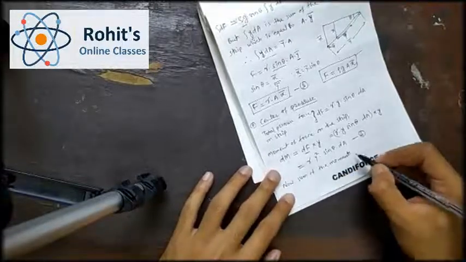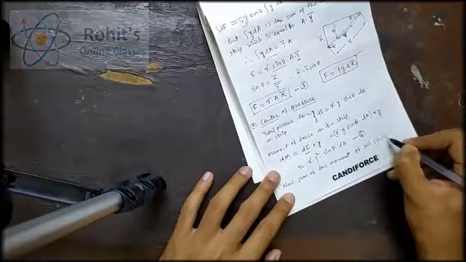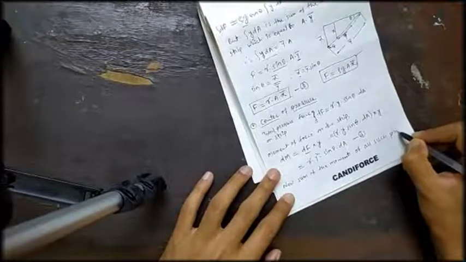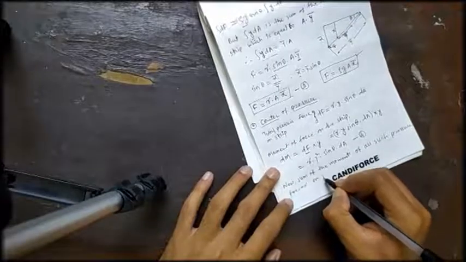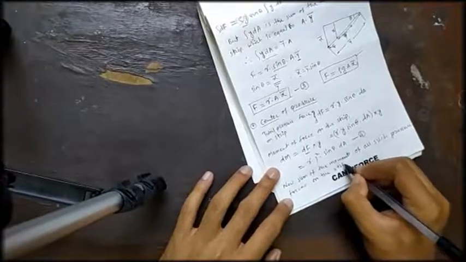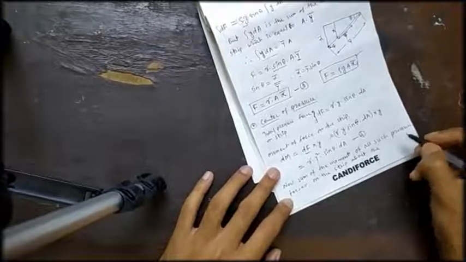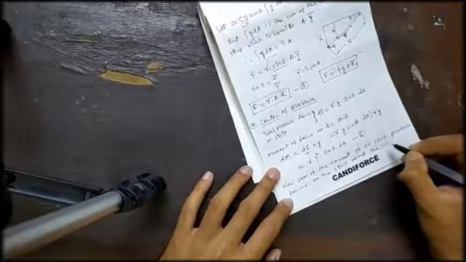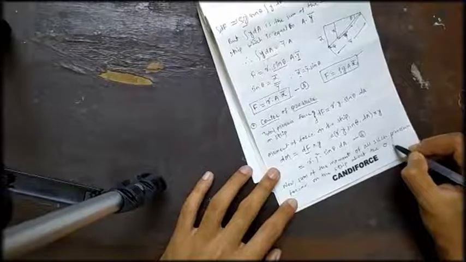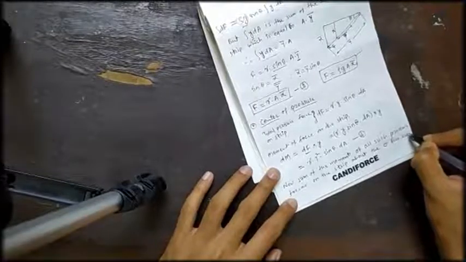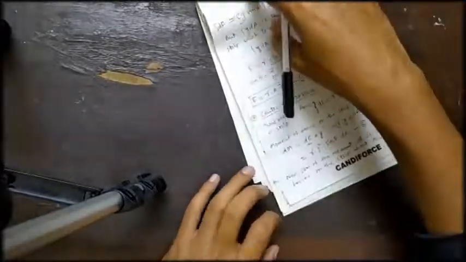So the sum of all the moments of all such strips, or all such pressure forces on the strip about the point O, or about the free surface. Point O is located at the free surface, that's why we can write free surface. So at that free surface we will have to take integration.